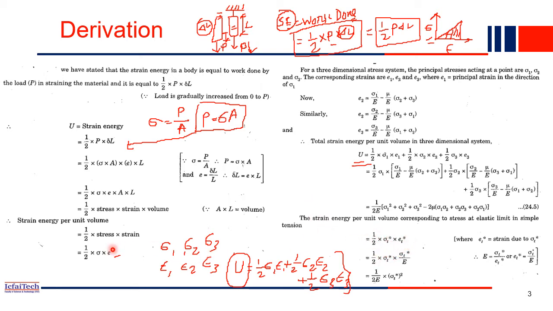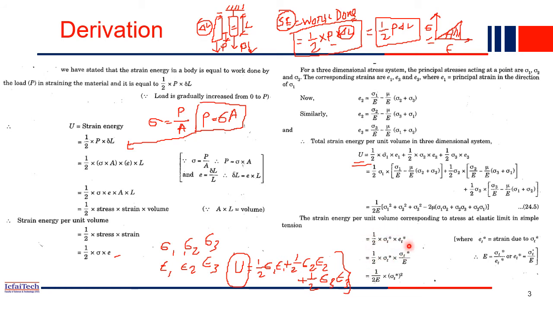Same expression we have used, but here the maximum stress is how much this grade of steel can take. For example, if it is Fe415, then sigma t will be 415. Similarly, epsilon t is the strain due to sigma t. So this is the capacity of the material.